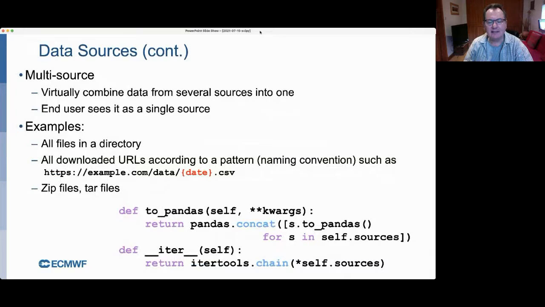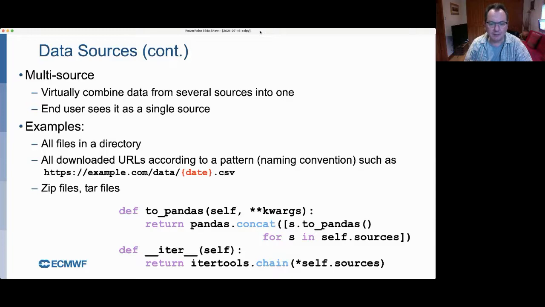Now, the last source we have implemented is what we call a multi-source. So imagine it's a collection of sources where you can combine them virtually. So you have a collection of NetCDF, but you can have a collection of Zarr, a collection of CSV, and the idea is to show them as a single source.